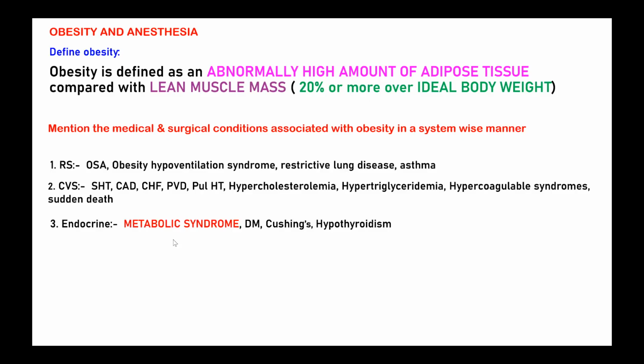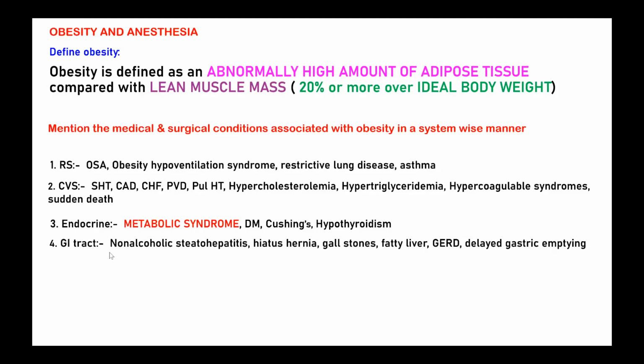Endocrine, they may have metabolic syndrome, diabetes mellitus, Cushing syndrome, and hypothyroidism. GI tract, they can have non-alcoholic steatohepatitis, hiatus hernia, gallstones, fatty liver, GERD, delayed gastric emptying.